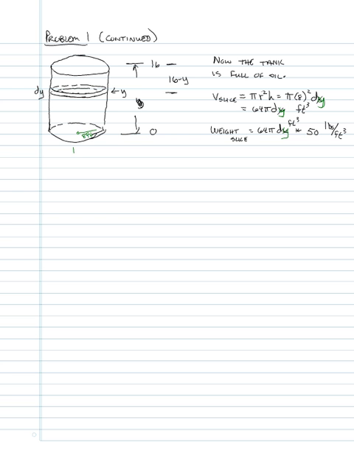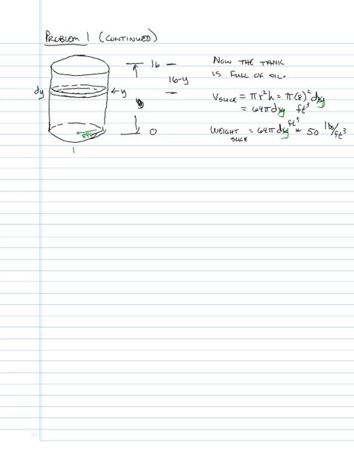And so how do we find the volume? Of course, it's pi r squared, pi times r squared times the height. And in this case, again, the radius is 8, so we get 64 pi dy. Now the weight of that slice then will be the volume times the density. Remember, the volume is in cubic feet.